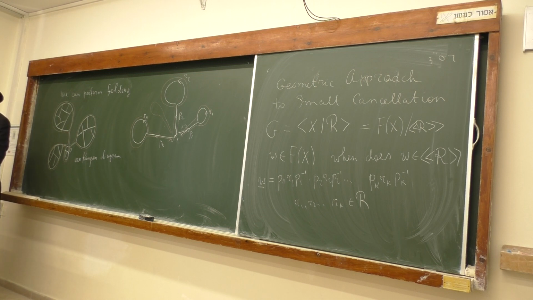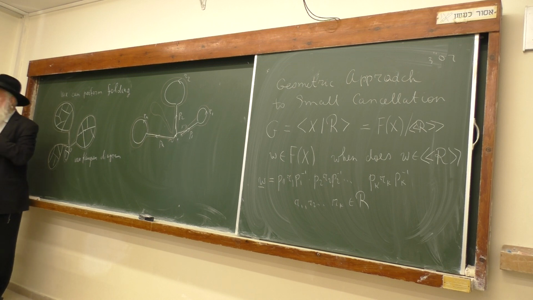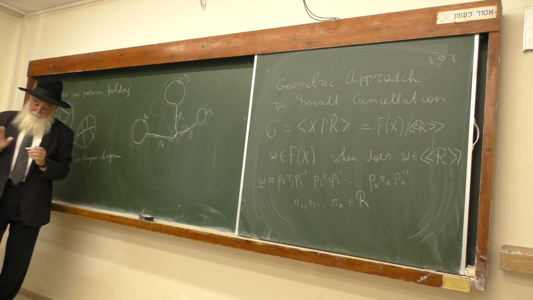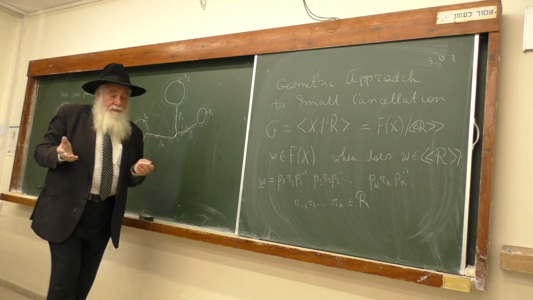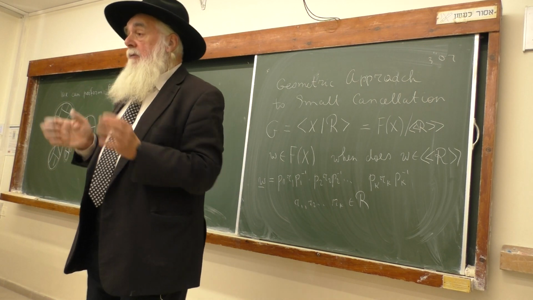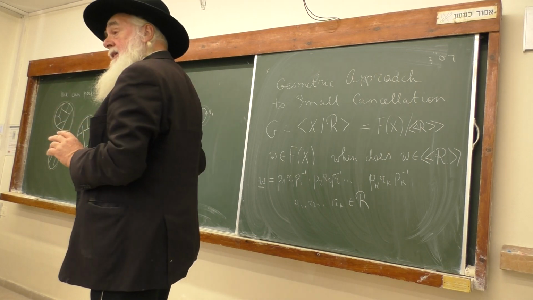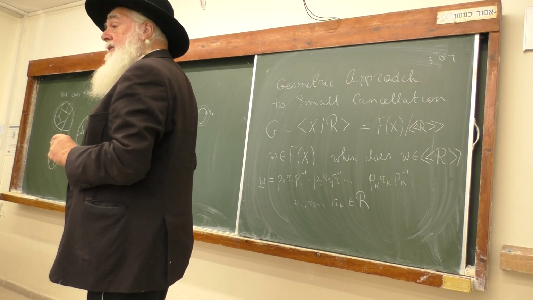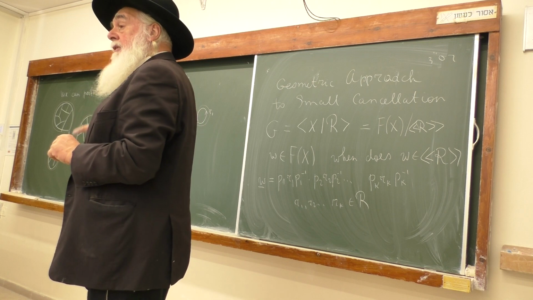So we do not perform folding in these situations, only when these two edges are adjacent in the given embedding of the complex in the plane. We don't need more than this, because this will be enough to have a reduced word for W.